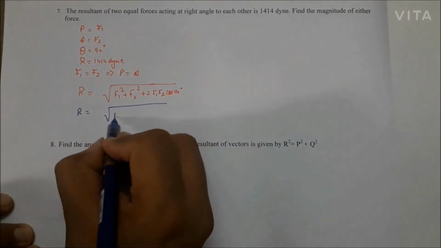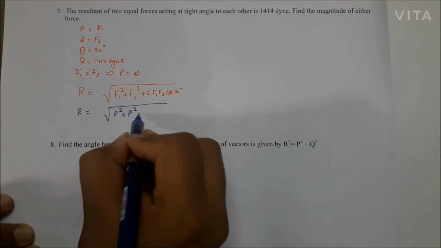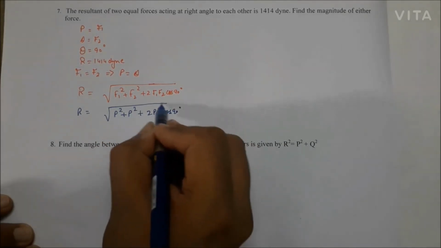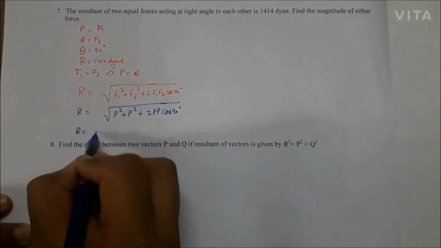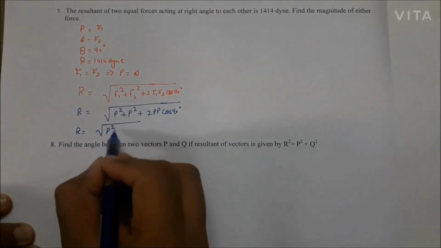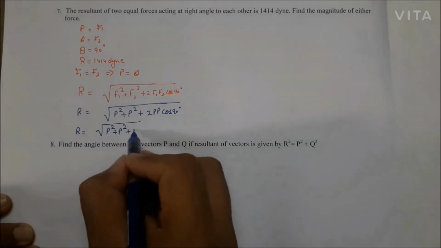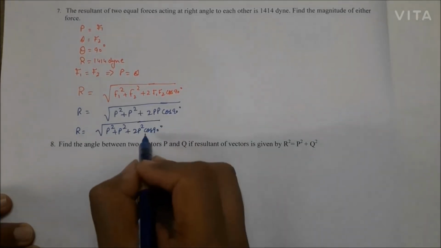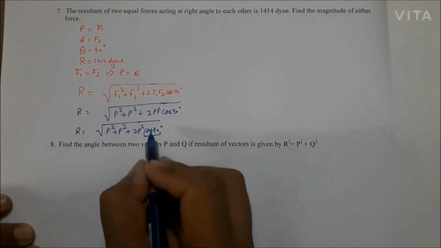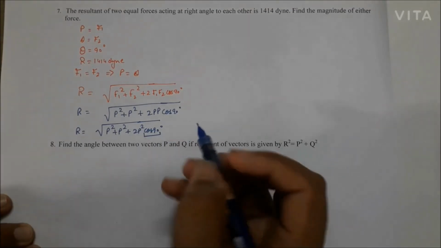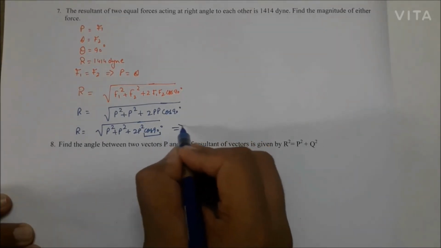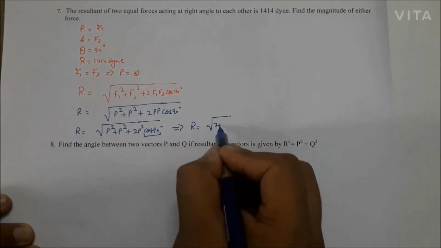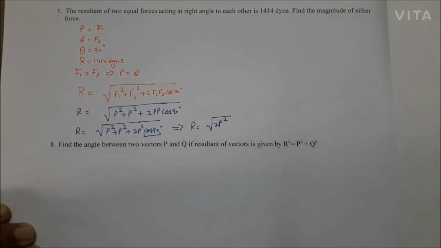It is P square plus 2PP cos 90 degrees, and R comes out to be root of P square plus 2P square cos 90 degrees. Now what is the value of cos 90? The value of cos 90 is 0. When 0 multiplies with something, it becomes 0, and R is equal to root of 2P square.